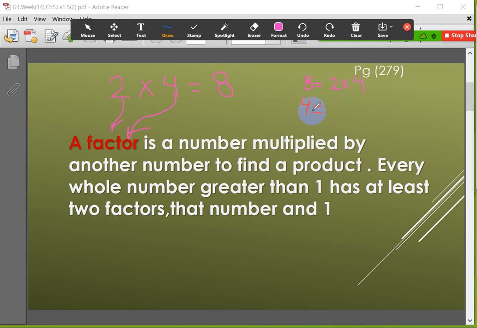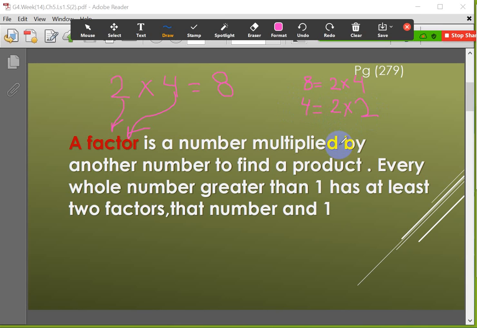So which two numbers will I multiply by each other? The answer will be 4. Very good, girls. Thank you. So it will be 2 multiply 2. That means the factors for 4 is 2, right?